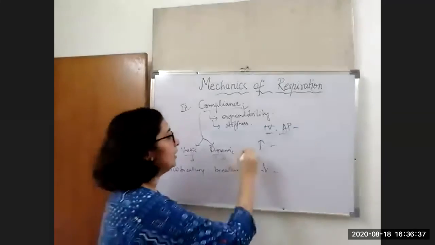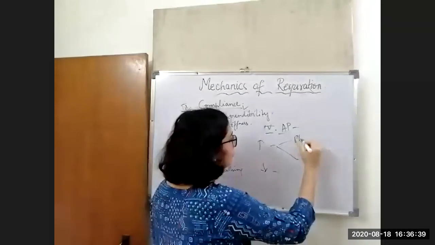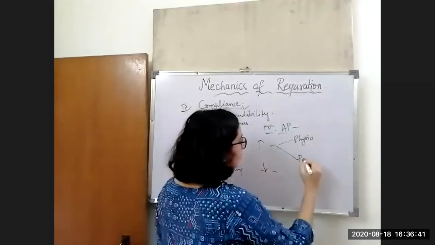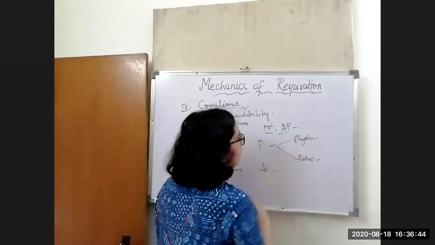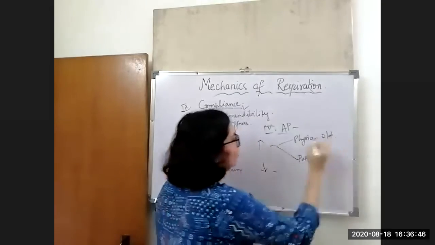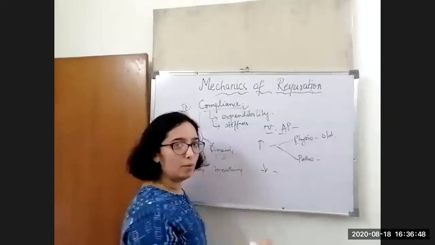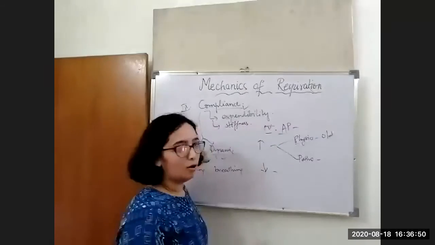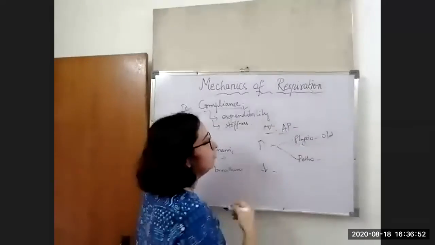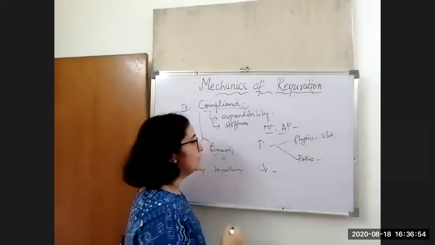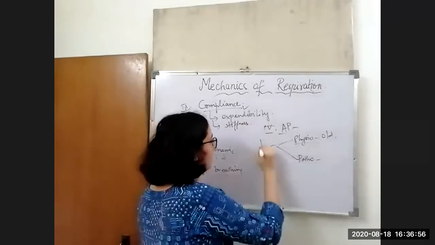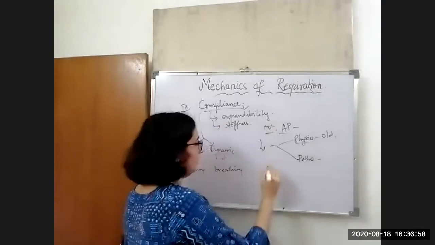So it increases in old age, in a physiological condition, that is when a person ages normally. So it is a normal physiological condition when the compliance will decrease. Sorry.